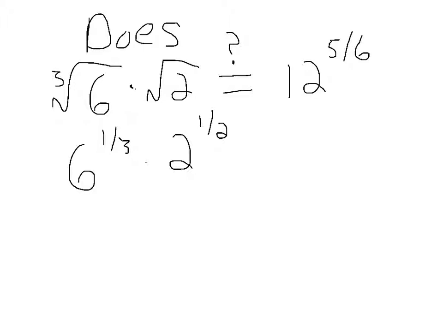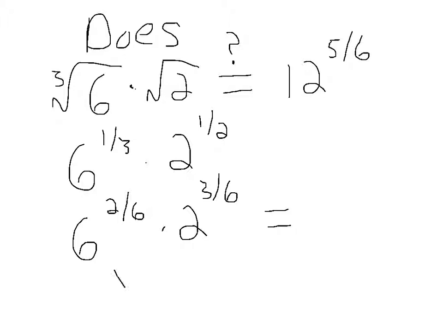is taking the least common denominator of 1/3 and 1/2 and rewriting this as 6 to the 2/6 times 2 to the 3/6, and then simplifying that by adding together the two exponents as we do in this rule.